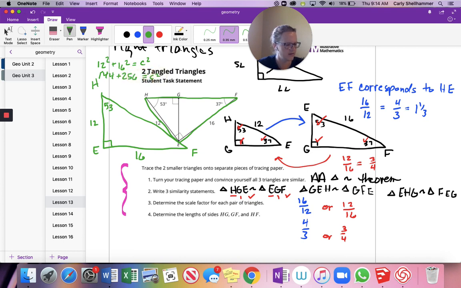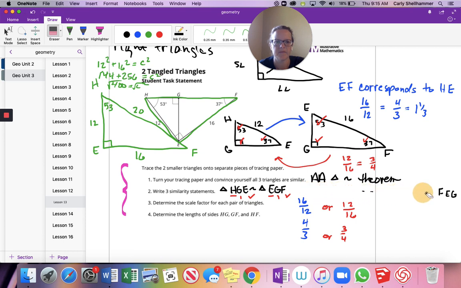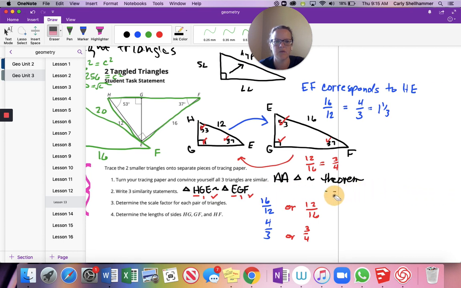So add those together, and I get 400. Take the square root of both sides, and I get 20. Yep. So this hypotenuse is in fact 20. All right, so I need to change these. Ooh, that was cool.